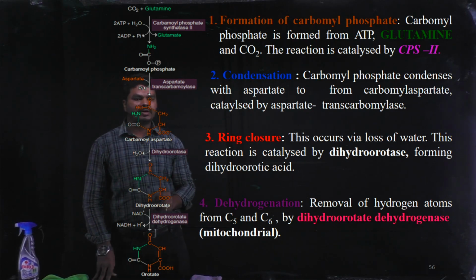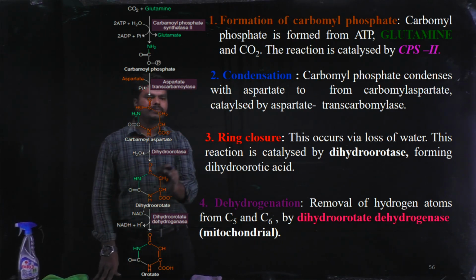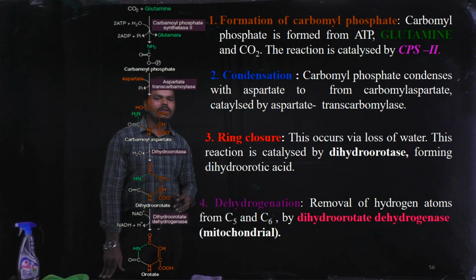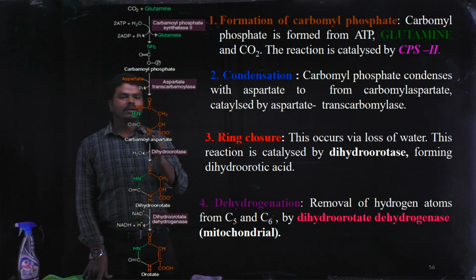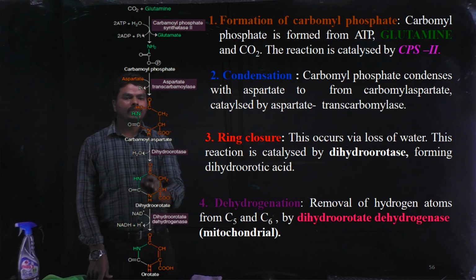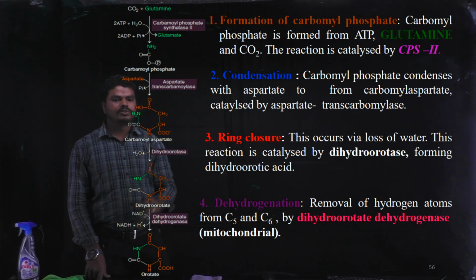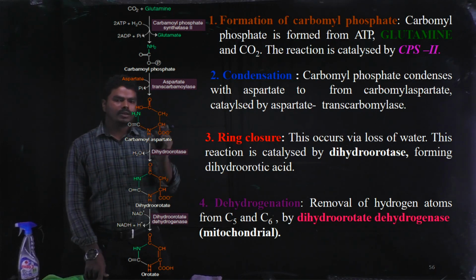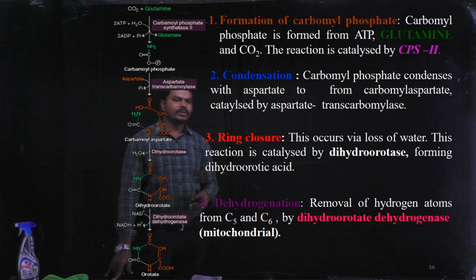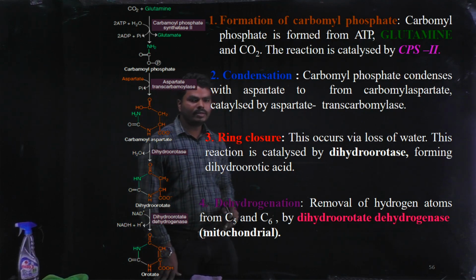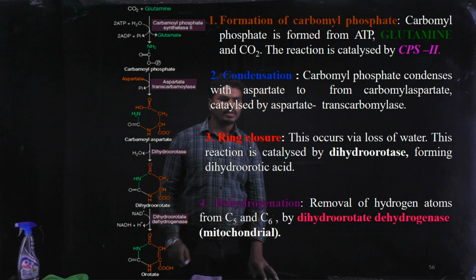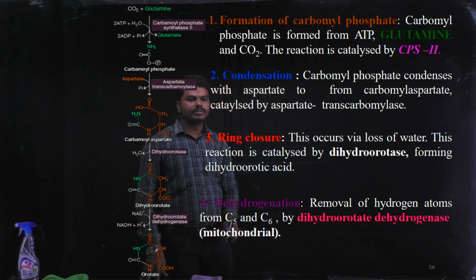Dihydroorotic acid is formed, and this reaction is catalyzed by dihydroorotase. Dihydroorotase is the enzyme that will catalyze the conversion of carbamoyl aspartate to dihydroorotic acid. So during this reaction, the carbamoyl aspartate will lose one water molecule.